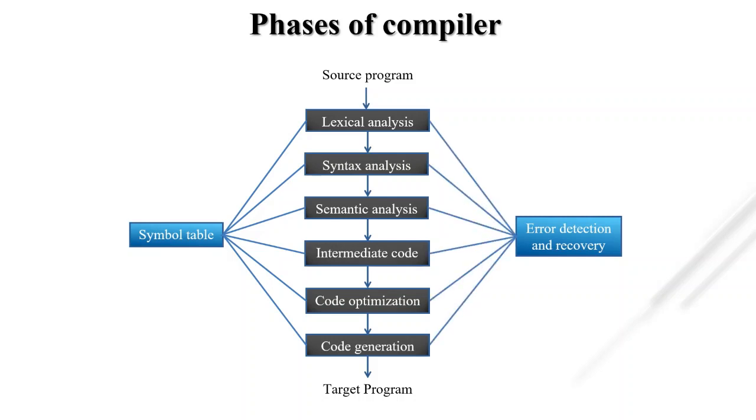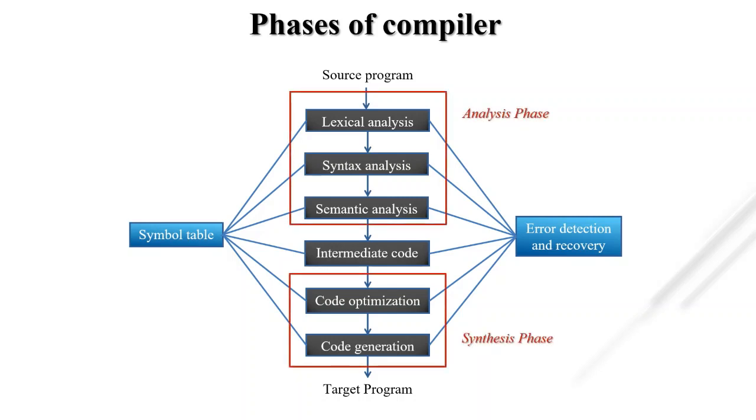In error detection and recovery, the errors detected by the individual phases are recorded and reported to the user. Here intermediate code is not mentioned in synthesis phase because it's a machine independent code which is used in any backend of other compilers.